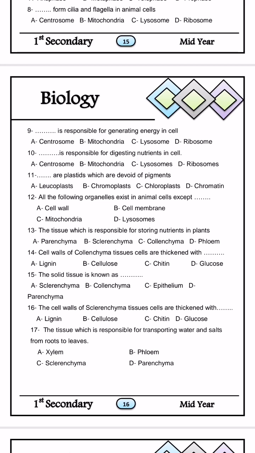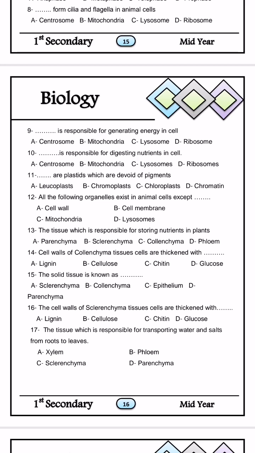Number 15. The solid tissue is known as sclerenchyma, collenchyma, epithelial, or parenchyma. The answer is sclerenchyma, A. Number 16. The cell walls of sclerenchyma tissue are thickened with lignin, cellulose, chitin, or glucose. The answer is lignin.